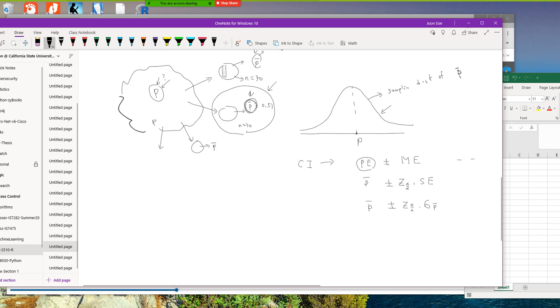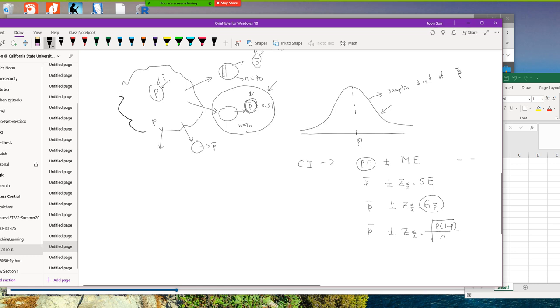And this is equal to plus minus z alpha divided by 2 multiplied by the root of p times 1 minus p, over n.